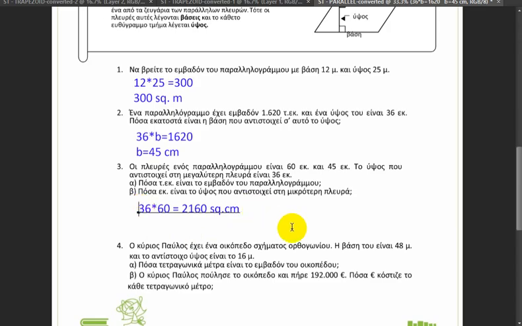Question B, we need to find the height of the small side. To do that, what you need to realize is that if I were to multiply this height with the small side, so 45 centimeters, I would still get the same area.